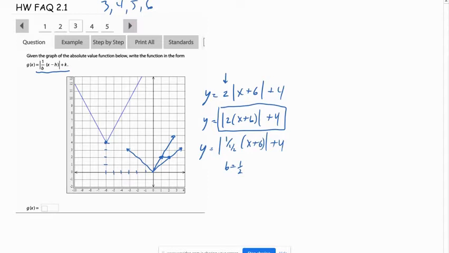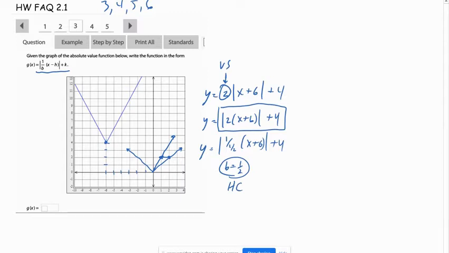But since this consists of straight lines, a vertical stretch of 2 turns out to be a horizontal compression of 1/2. And so both of those achieve the same thing. They produce the same graph.